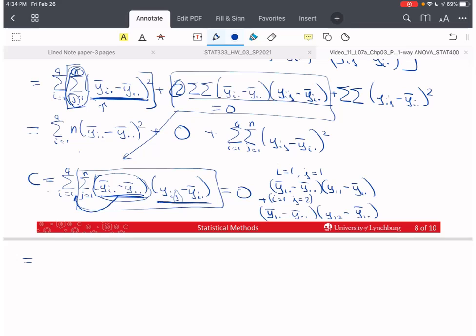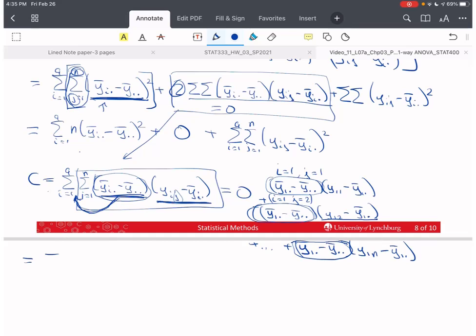So for all of these, while i is 1, we're going to end up with this term multiplied by this changing term. But this term is the same, so we can factor this out. For the nth one, this is going to be y1 dot bar minus y dot bar times y1n minus y1 dot bar. And so I have this constant value here for all these terms. I can factor it out. We're factoring it out because it doesn't have a j.